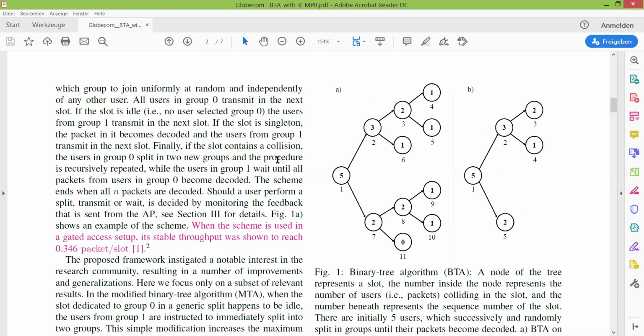And this is done in, let's say, a decision tree manner. So whatever decision you have done at the beginning, you stick with it, and then you give another decision which leads to the separation of the users. So you don't just give up your decision and then reset. You just say, okay, this is what I decided and I stick with it, and now I give another random decision.